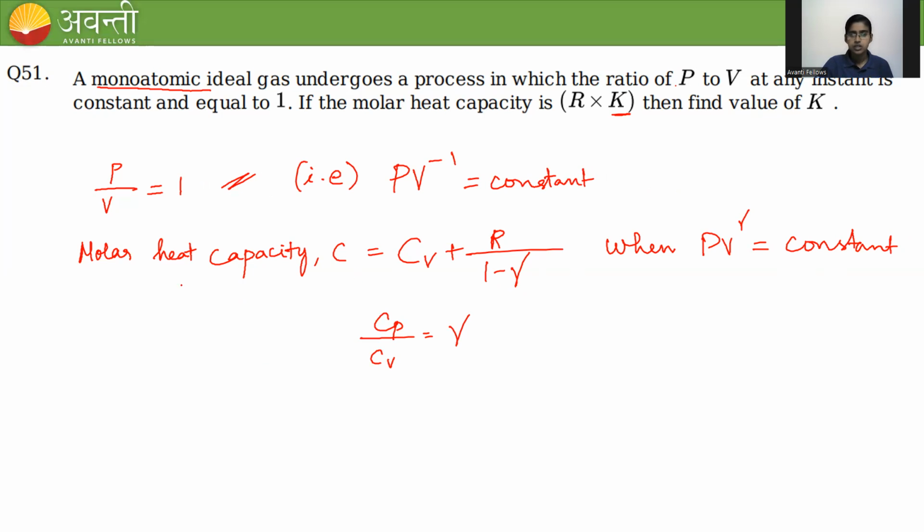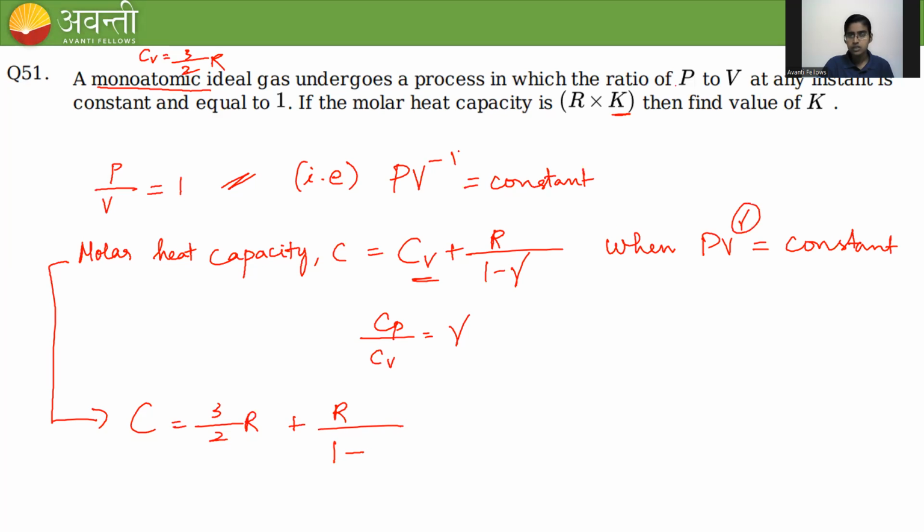So just substitute here. The molar heat capacity C is equal to, for a monoatomic ideal gas, Cv equal to 3 by 2 R. So substitute 3 by 2 R in place of Cv, plus R divided by 1 minus gamma.